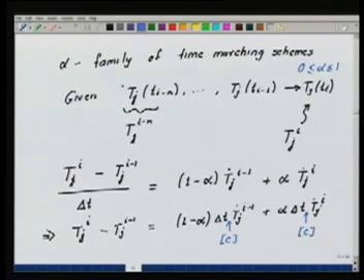Then we will get Tj at I minus Tj at I minus 1 is equal to T dot at I minus 1. So if I put alpha equal to 0, the vector T at I minus vector T at station I minus 1 is equal to the vector T dot at station I minus 1.